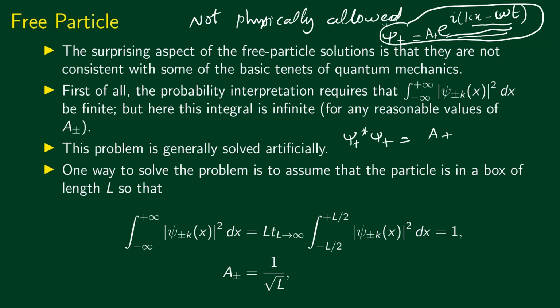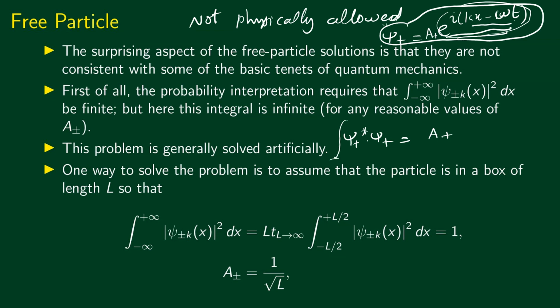Because if we take the complex conjugate, we get exponential minus i(kx minus omega t). When we multiply them, they multiply to 1. So we get psi star psi equal to A plus.